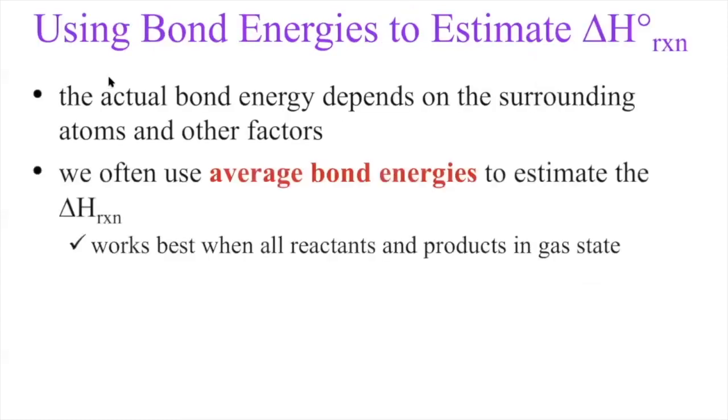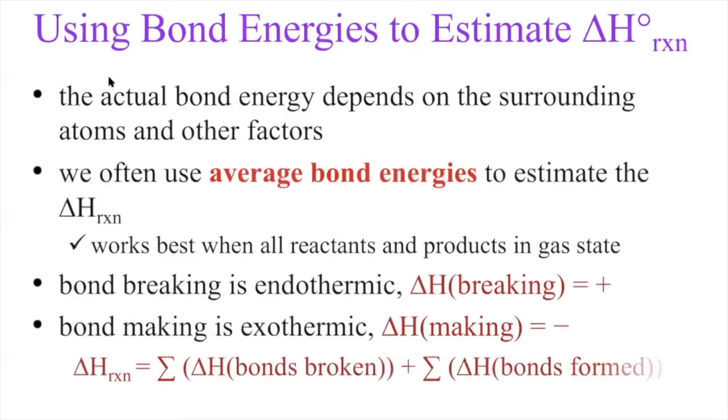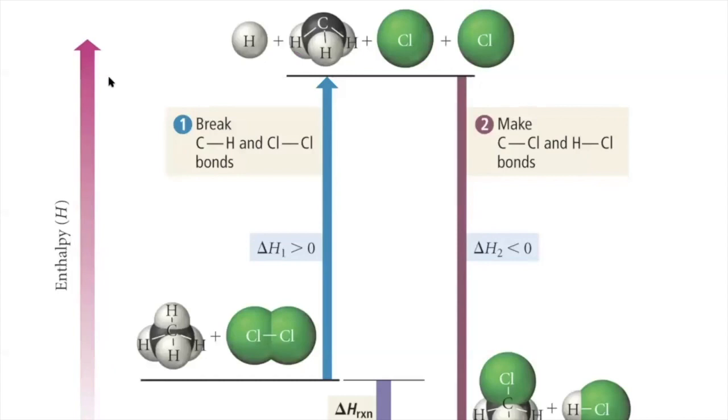When we are calculating the delta H of the reaction, you want to remember that it's going to be the sum of the bonds broken, and bonds broken is going to be positive because they're endothermic. You have to put in energy. The bonds formed are going to be exothermic. So notice here you are forming bonds, and you're breaking bonds, which is endothermic.